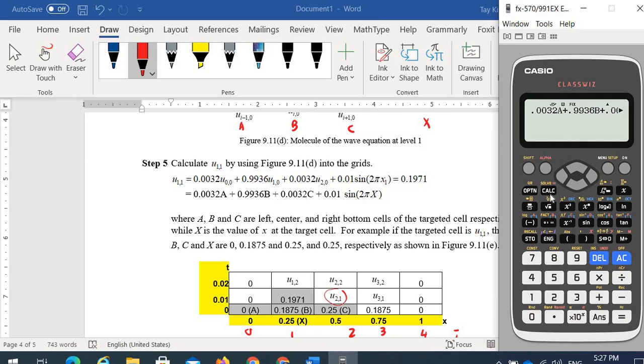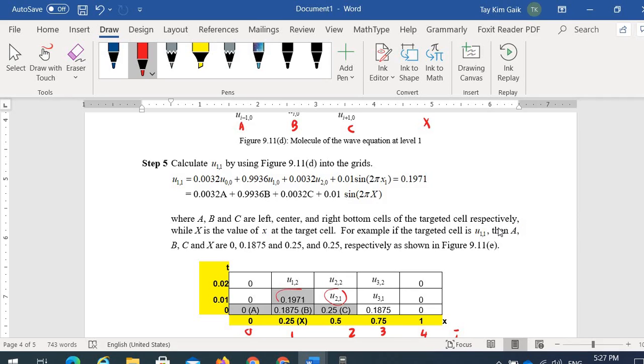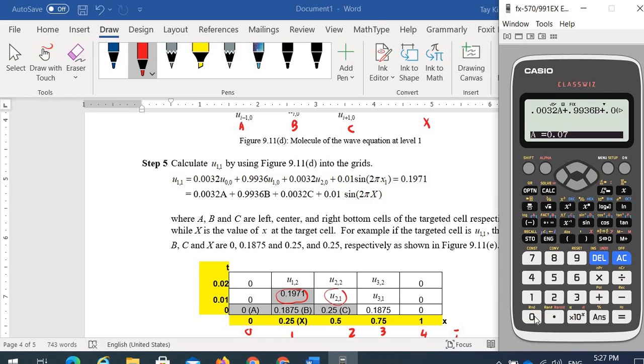Okay, you calculate. So when you want to calculate U11, A is left bottom, B is center bottom, C is the right bottom. So A is 0, B is 0.1875, C is 0.25. Sorry, X not 1.